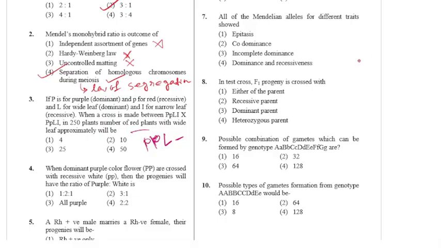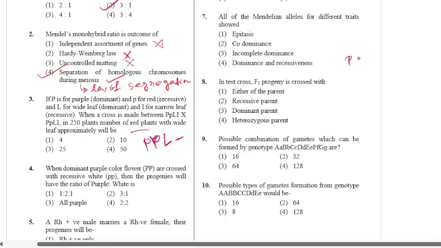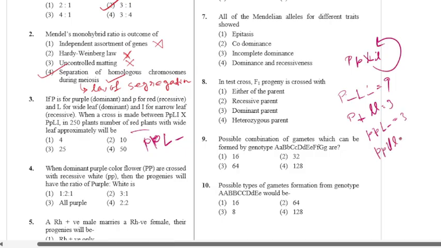So if this capital P small p, capital L small l is self-fertilized with the same type of genotype, we can get capital P dash capital L dash will be 9, capital P dash small l will be 3, small p capital L dash will be 3, and small p small l will be 1.